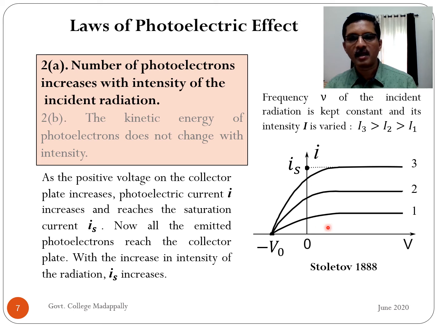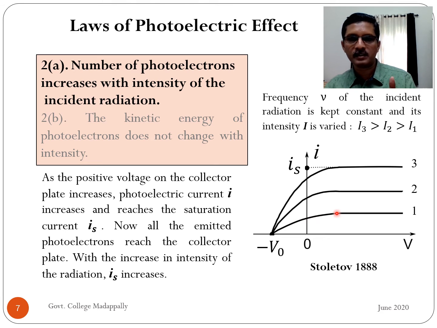If we increase the accelerating positive voltage at the collector, more and more electrons will be accelerated towards the collector plate. So initially it was 60, then 70, 80, 90, and finally all 100 electrons emitted in 1 second will reach the collector plate.